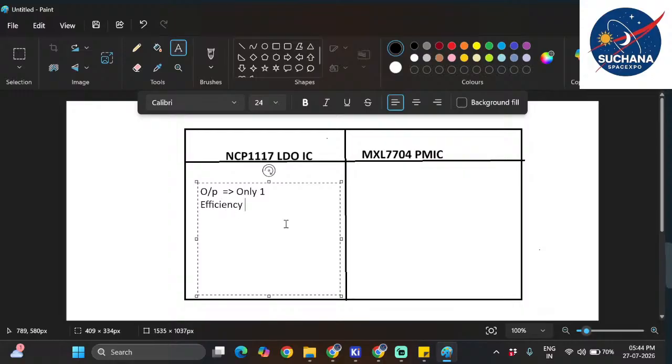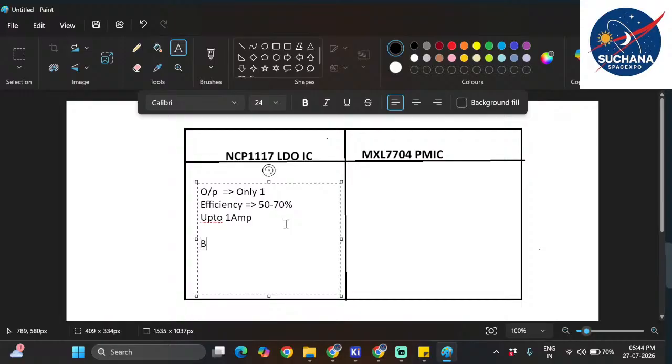Coming to the efficiency, you can expect around 50 to 70%. And the maximum current you can obtain from this is up to 1 amp.